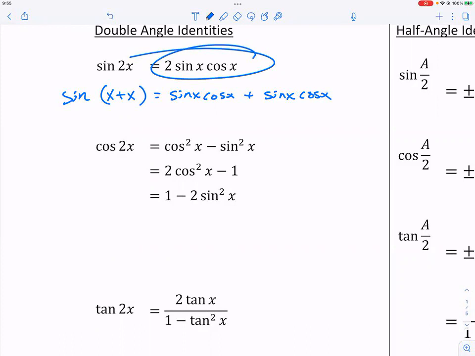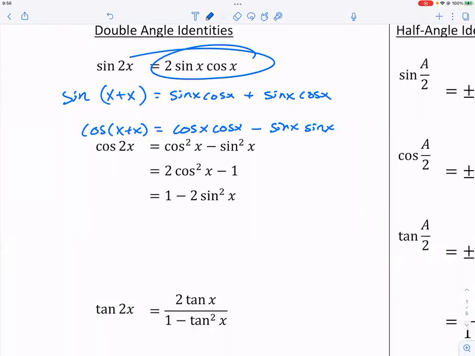What about the cosine 2x? Well, you can look at this as cosine of x plus x, which is cosine x times cosine x minus sine x sine x. And that's how you have cosine square x minus sine square x.